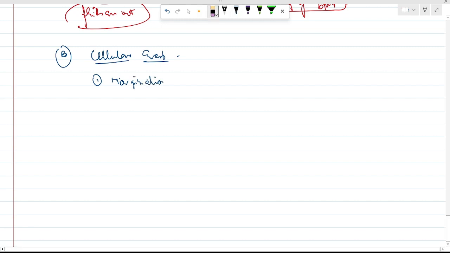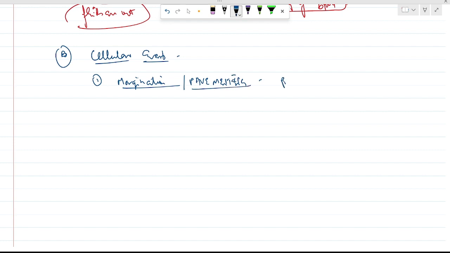First step here is margination. It is also called pavementing. This margination process is also called pavementing.